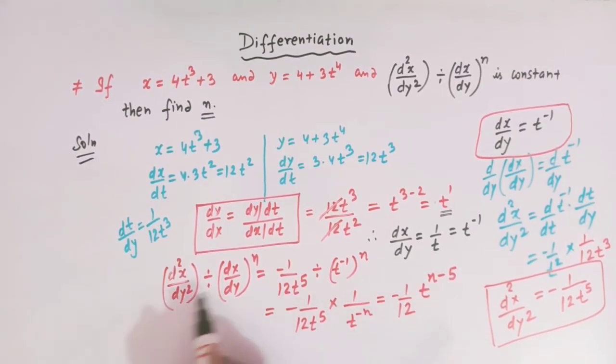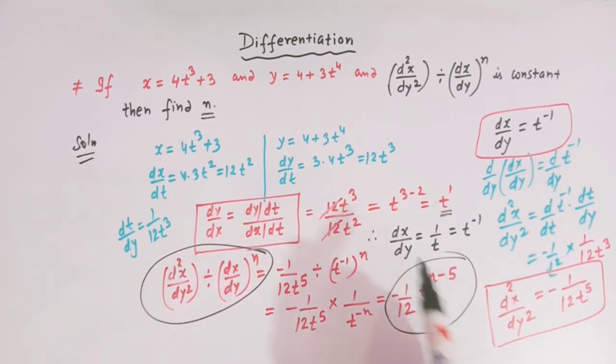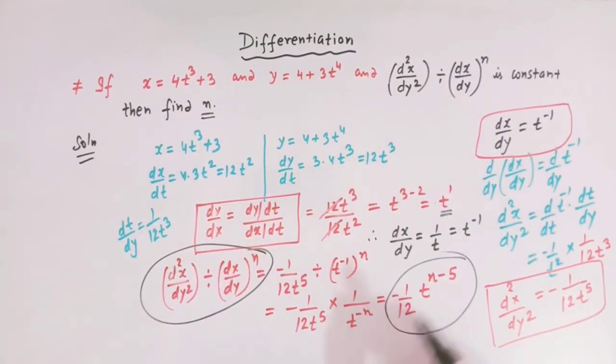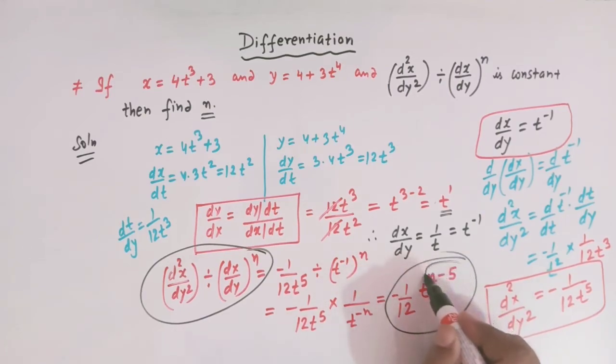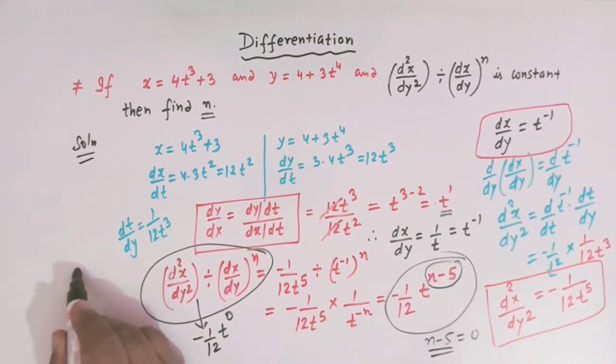Now the value of this expression is equal to this one, and what is given in the problem is that this expression is constant. In order for this expression to be constant, we have to take n minus 5 equal to 0. Once n minus 5 is equal to 0, the expression becomes minus 1 over 12 t⁰, and t⁰ is equal to 1.